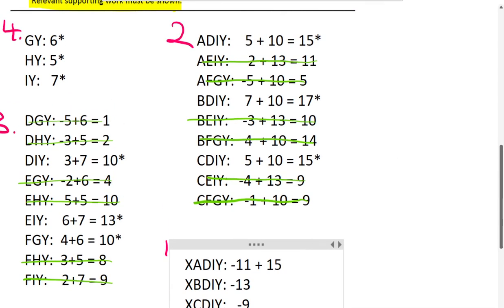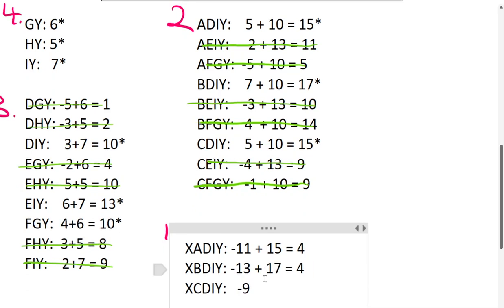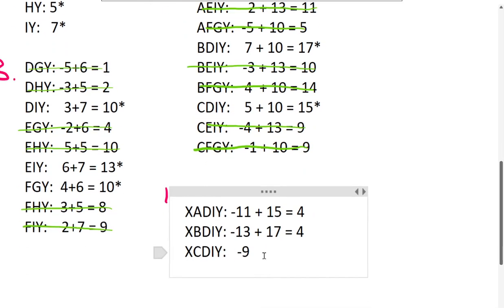So it's plus 15 for DIY. A DIY is plus 17 for B DIY. 2 the same, so 2 optimal paths. Plus 15 for C DIY. So actually we have 1 optimal path.